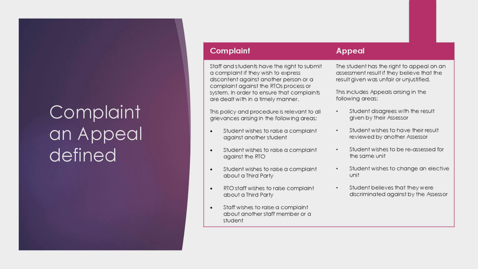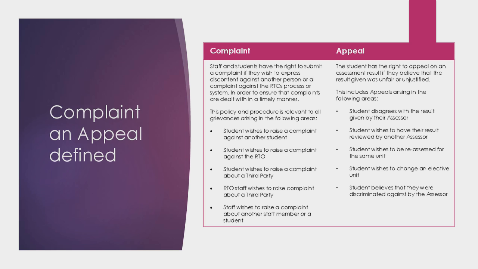A third party may also be a workplace employer, so someone that they're undertaking their work placement with. A third party could be, when it comes to CRICOS, an education agent or someone else who is marketing on behalf of the RTO or the CRICOS organisation.